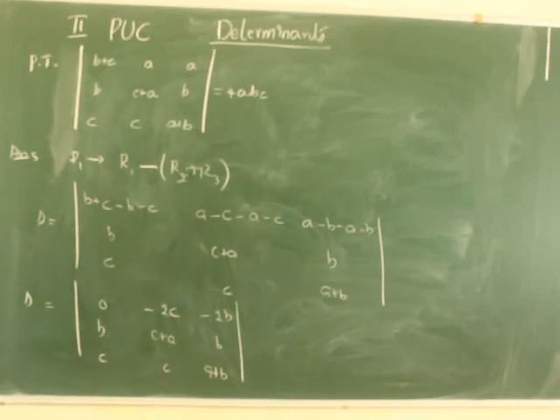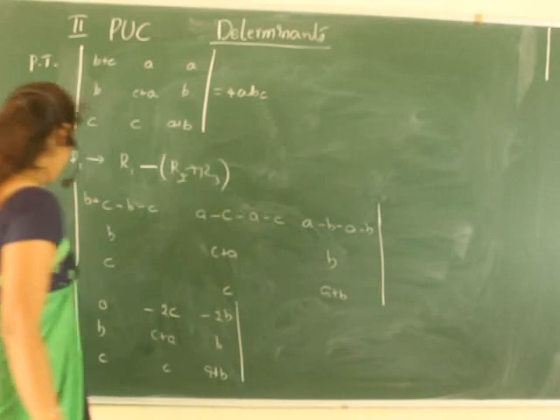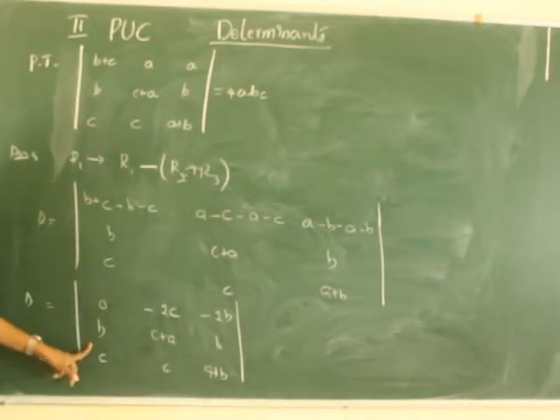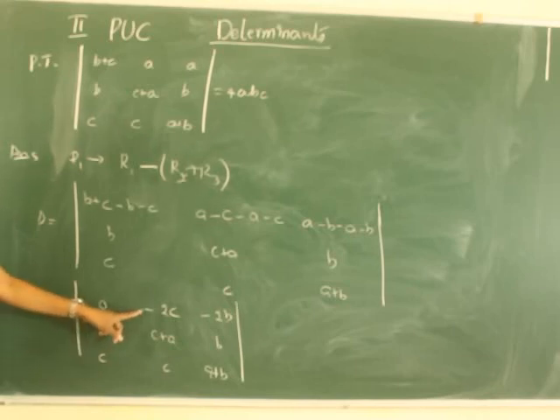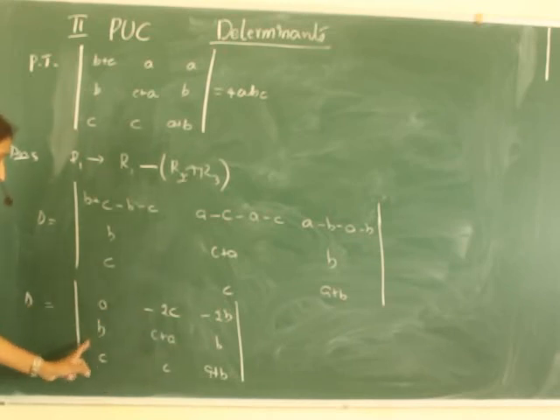That means we can directly expand now. I'll expand along C1. Otherwise, we can multiply this by 2, but multiplication only is not possible, we have to divide also. So instead of that, I'll expand along C1, or I can take minus 2 common here.